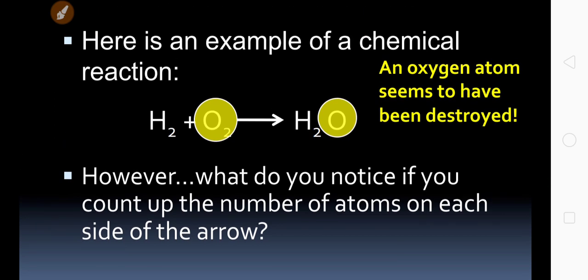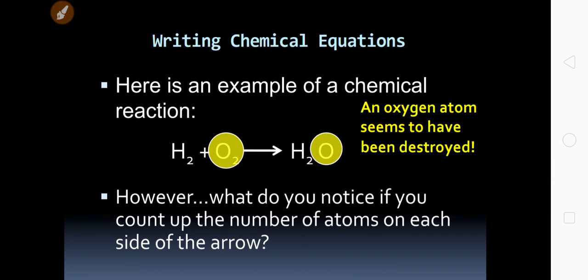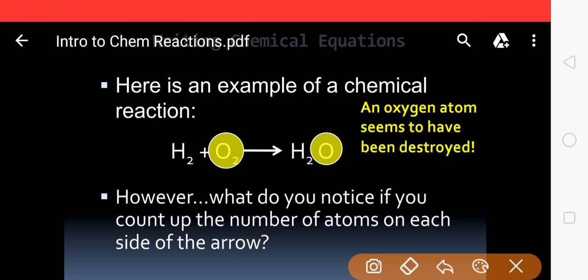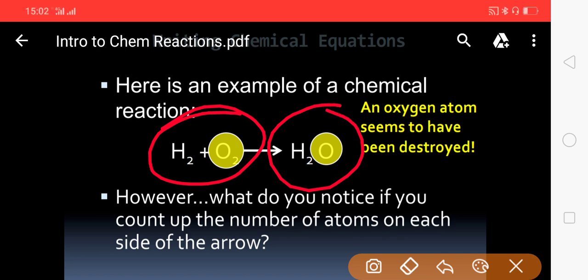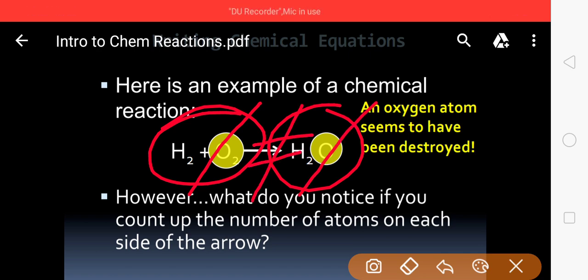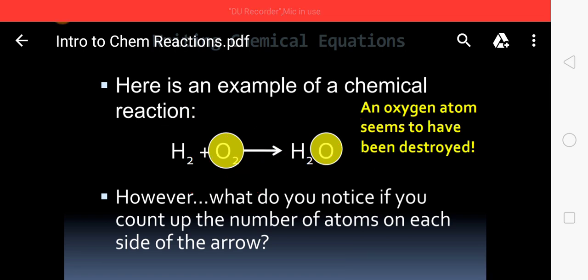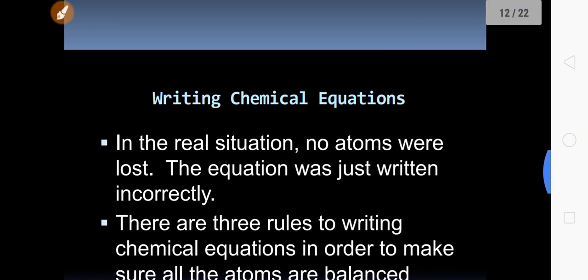Such equations which are not balanced, which simply show the relation between reactants and products, are called skeleton equations. The number of oxygen atoms on LHS and RHS is not equal.